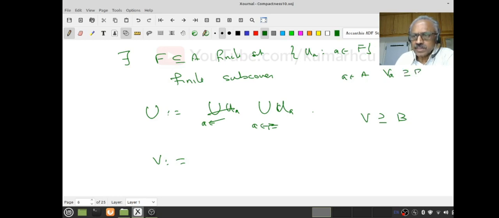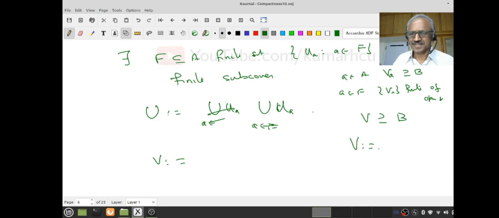That's an open set containing B. Therefore, as a varies over F, V_a is a finite collection of open sets. Therefore, I can define V. Can you guess what it should be? We had already seen it. Yes, the intersection of V_a, a in F. So for each a, V_a is an open set containing B, and a finite intersection of open sets is again open, right? So this is my definition of V.